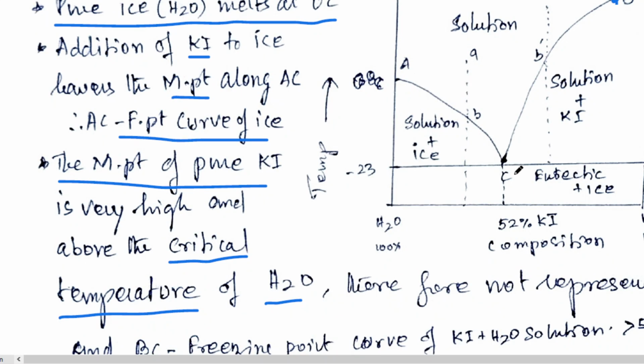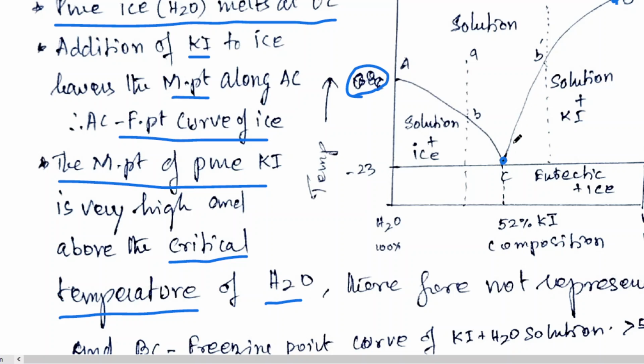In a similar way, water melts at 0 degrees Celsius, and we get a similar eutectic diagram. AC is the freezing point curve of ice, and this is the freezing point curve of KI, and this is the eutectic mixture.